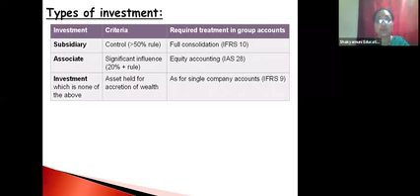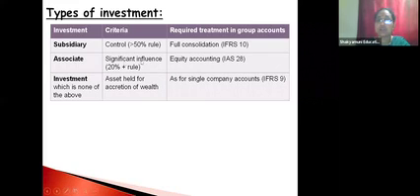They can appoint and remove more than 50% of the board of directors. Then control is said to exist. Then that investment in the other entity is called a subsidiary, and we have to prepare the financial statements using the full consolidation method as per IFRS 10. So who will prepare these financial statements? The parent will prepare the financial statements.